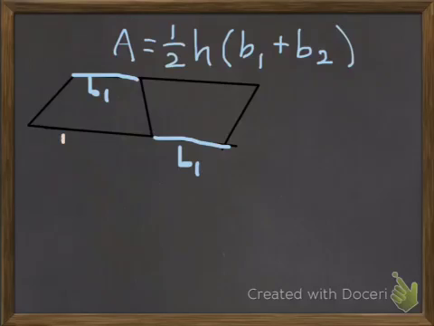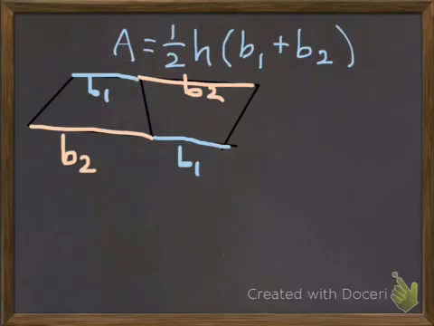Now base 2 is the longer side, and so base 2 is up here. Okay, so base 1 here and here, base 2, base 2. So this side would be over here, and then this side's the same one.